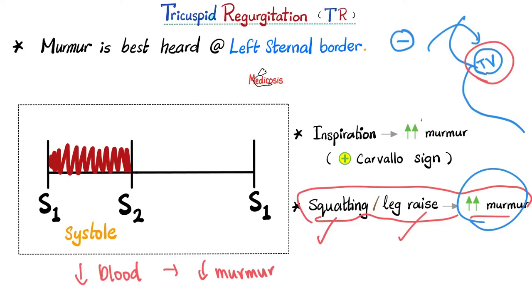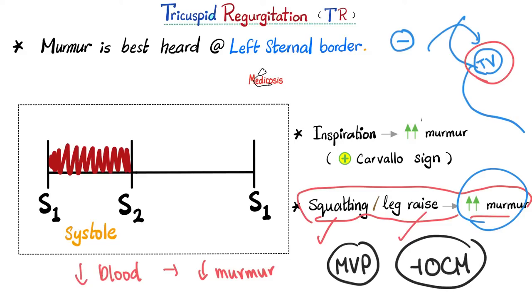When I stand up suddenly, blood pools into my ankles, away from the heart, away from the tricuspid valve. Less blood equals less murmur. So therefore, more blood, more murmur. Less blood, less murmur. And this is true for every single heart murmur except mitral valve prolapse and hypertrophic obstructive cardiomyopathy.